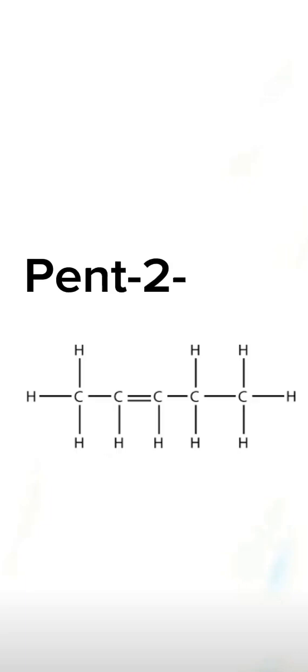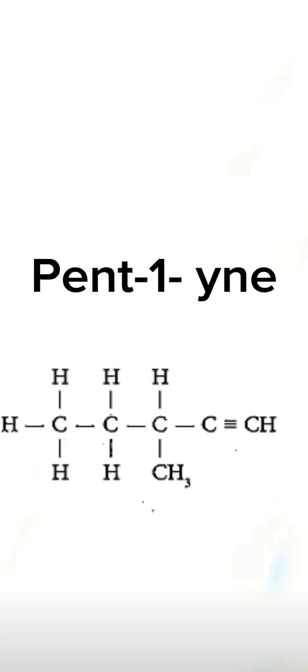So an example you'll be able to see there is when you say pent-2-ene. What are you trying to say? At position 2, there's a double bond. And then when you say pent-1-yne, what are you trying to say? You're trying to say at position 1, there's a triple bond, right? So we have pent-2-ene and pent-1-yne.